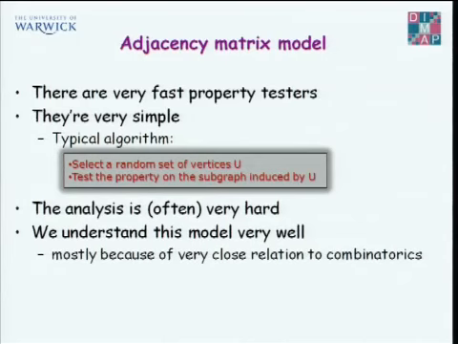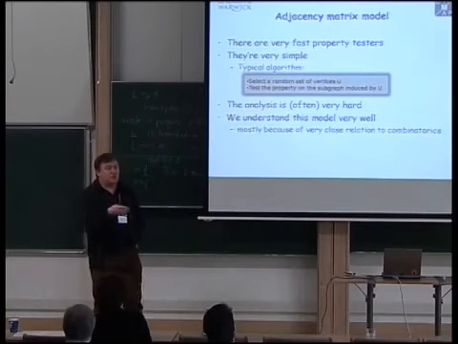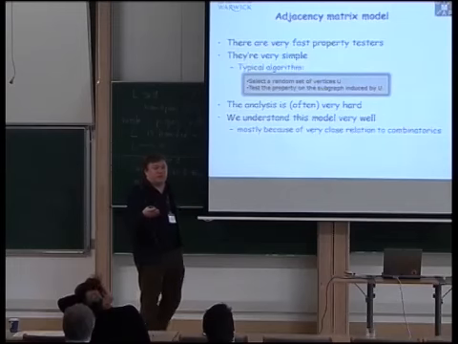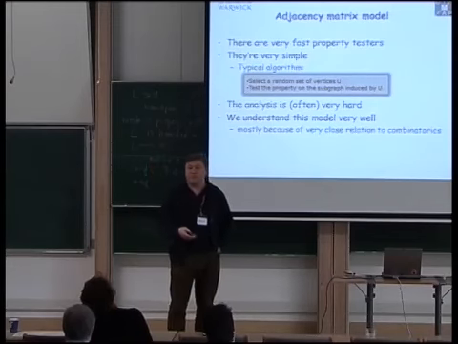I have just 2 or 3 slides about the adjacency matrix model, to tell you that it's still an interesting model. We know a lot about this first model, the adjacency matrix. There are very, very fast property testing algorithms, and essentially all of them follow a very simple scheme. You randomly sample a set of vertices, look at the graph induced by these vertices, and test the property.